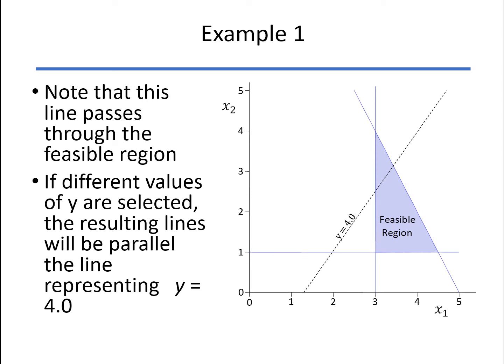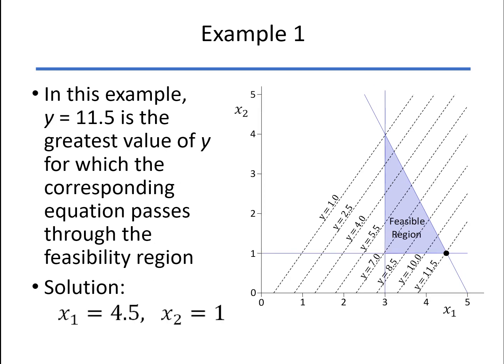Now, because we're looking at linear problems, if I pick a different value of y, the line that represents that equation will be parallel to the line we just drew. And so we can show for different values of y that the greatest value of y that has a line that passes through the feasible region only at that corner gives me the optimum solution.